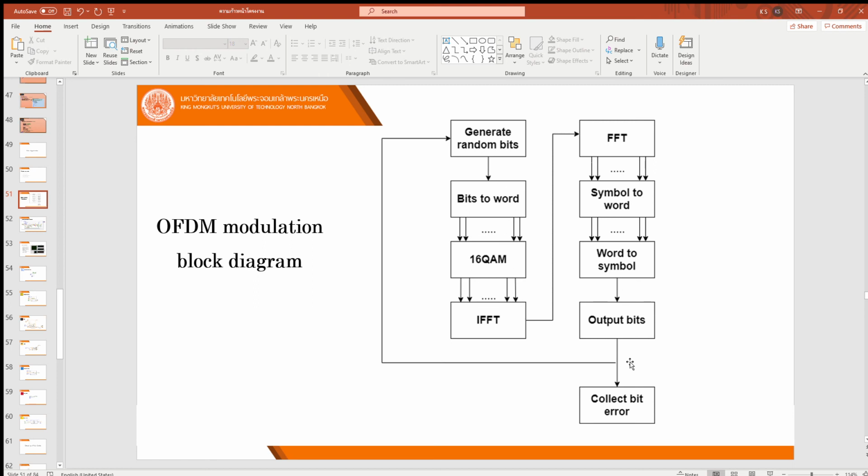To have OFDM, we need to generate the random bits, and then we change the bits to words, and then we change to 16 QAM, and then go for IFFT. Then this is how to encode. If we decode, we have to do the FFT, and then go from symbol to word, and then word to bits. Then we will get the output bits, and then we will get the error to show.